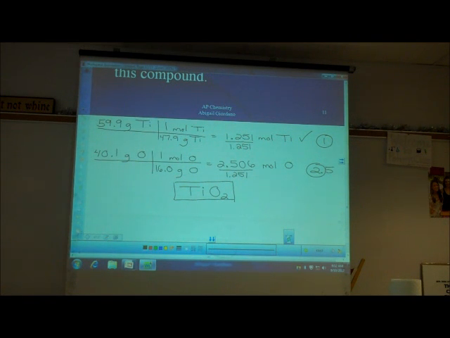Okay, multiply both of these numbers by a whole number to get to a whole number. What do you suggest I do for this specific example? Multiply by 2. Sure, sounds good. So that would mean that my empirical formula would be this. Can 2 and 5 be reduced down anymore? No. Okay.